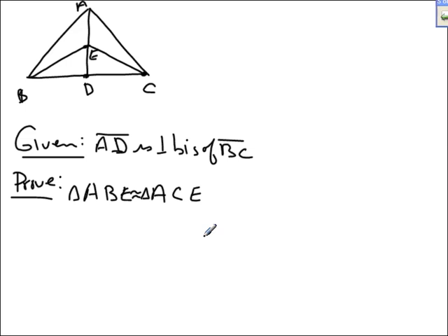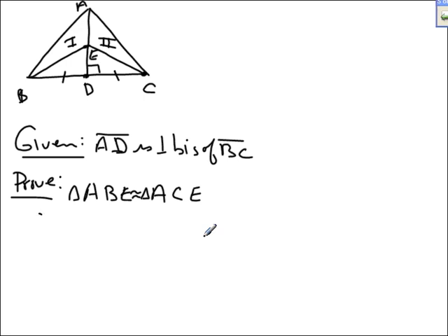So basically, this triangle up here and this triangle on the other side, they're the same. Now, what do we know? AD is the perpendicular bisector of BC. That means BD and CD are equal. And we have a right angle.